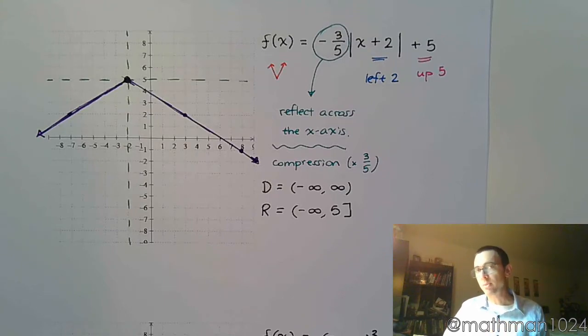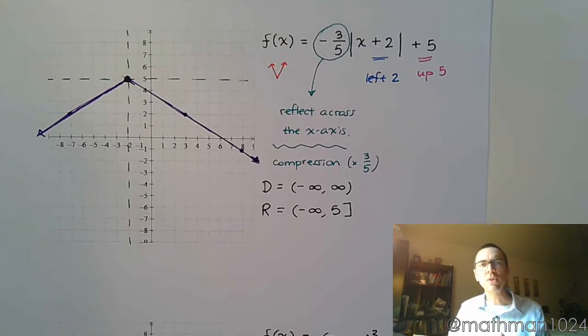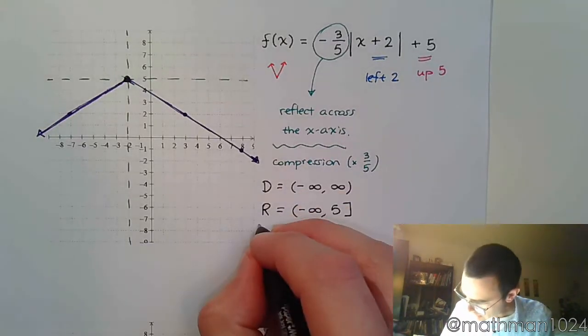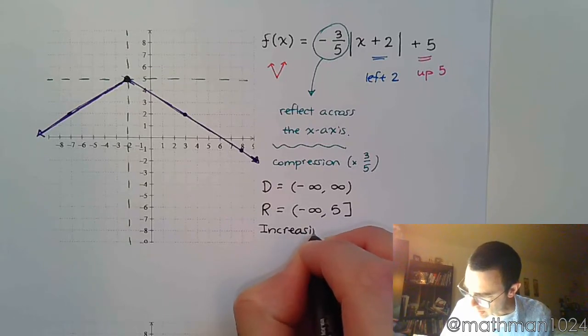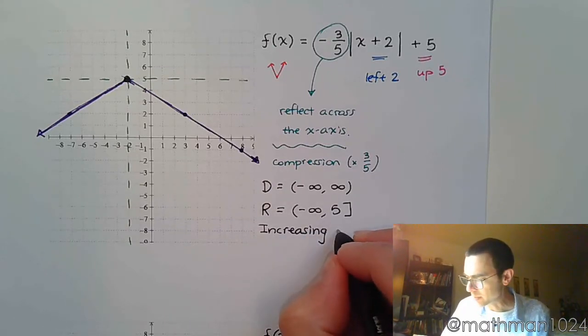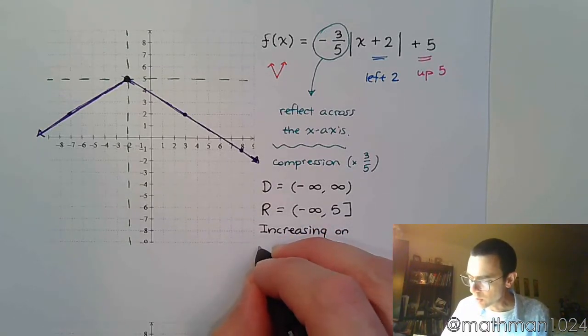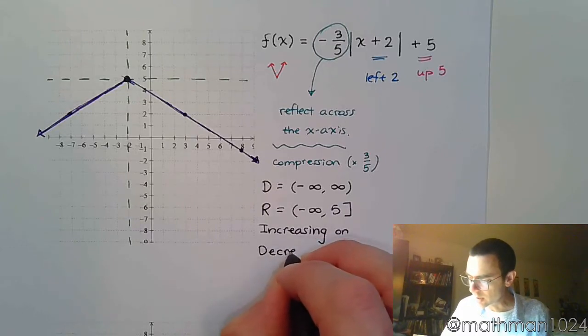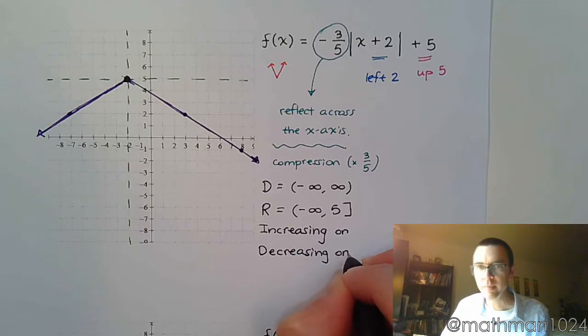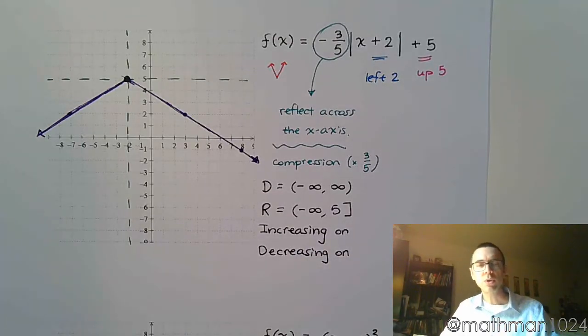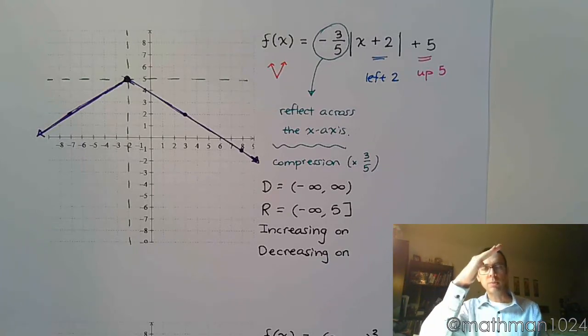Now, some other information that might be helpful to you is determining over what intervals this function is increasing or decreasing. So whenever you hear or read questions like that, talking about where are you increasing and where are you decreasing, this is where we're talking about where is it going up, and where is it going down.